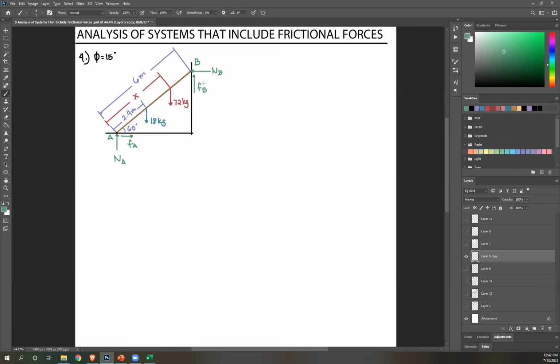Now that we have that, the goal is to solve for X. One of the ways to do that is, if I know FB and NB, I can take moment about point A to get this value of X, right? Because the distance of this 72 kilogram force, or at least a component of that, has a distance X from point A. Okay? So in order to do that, again, I need to solve for these two first.